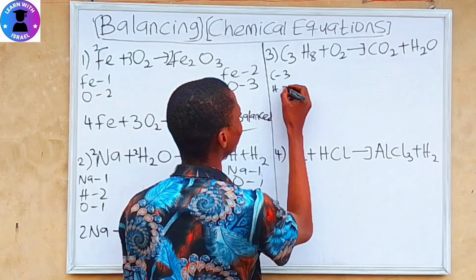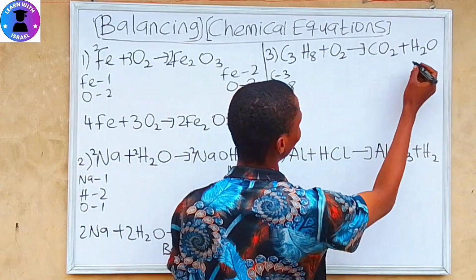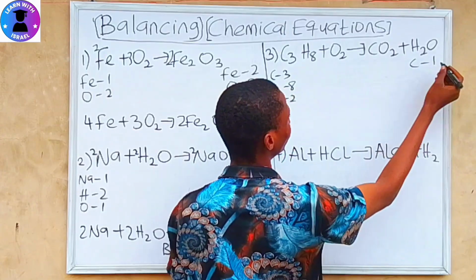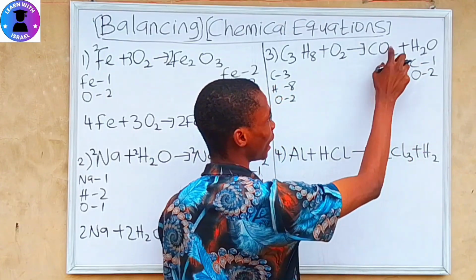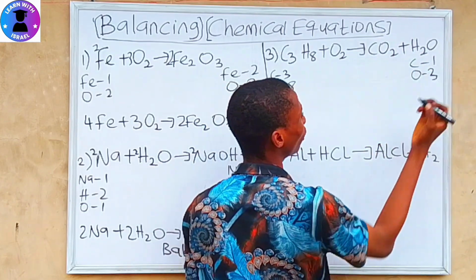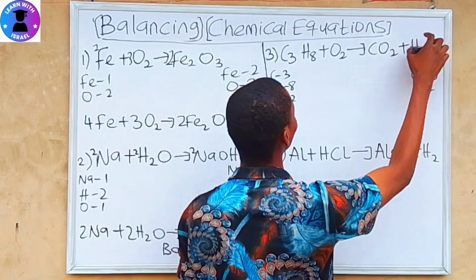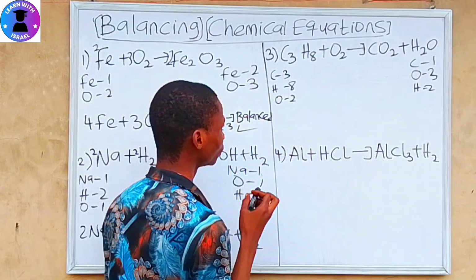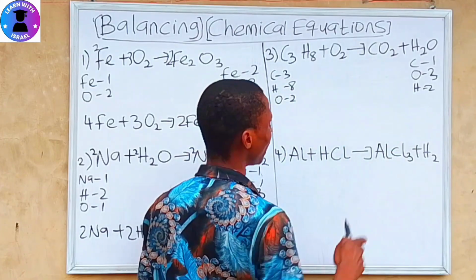For hydrogen we have 8, and for oxygen we have 2. For the right hand side we have 1 carbon, we have 2 oxygen. No, we can't write only this one. 1 oxygen is also here, making 3 oxygen, and we have 2 hydrogen. So if we check, all the elements here are unbalanced.